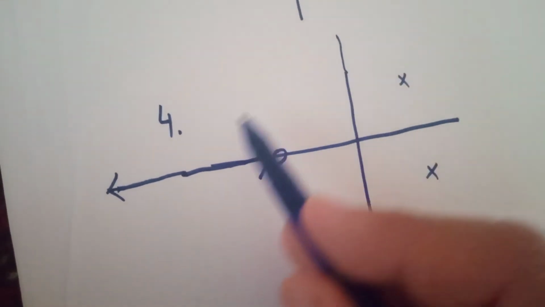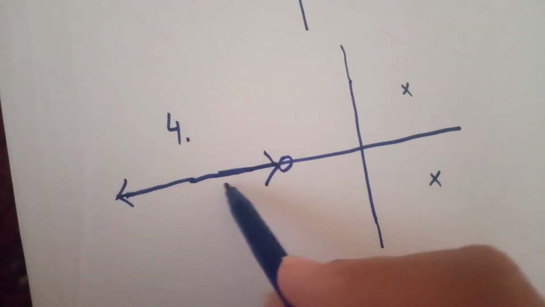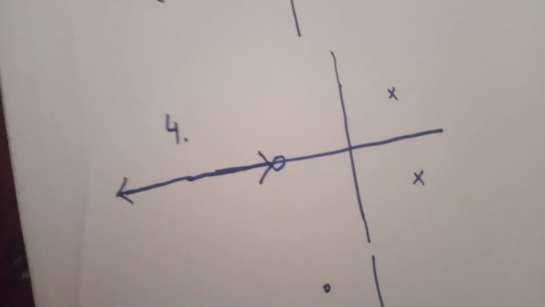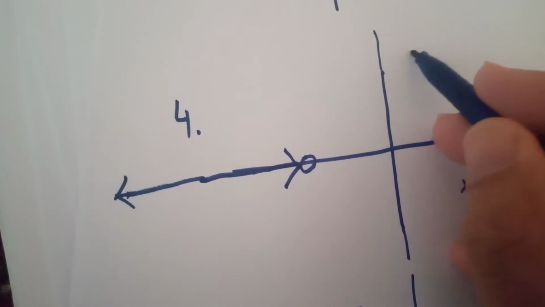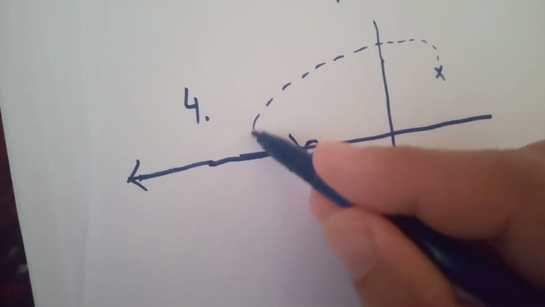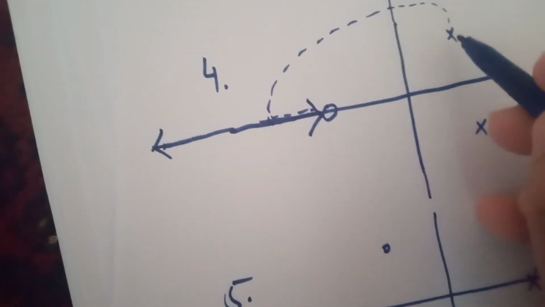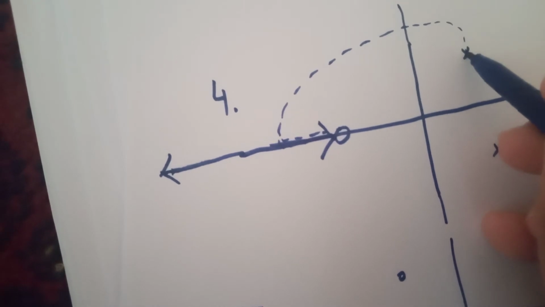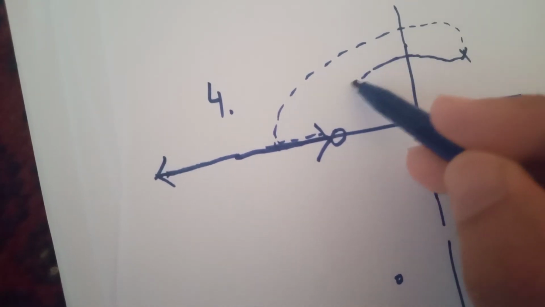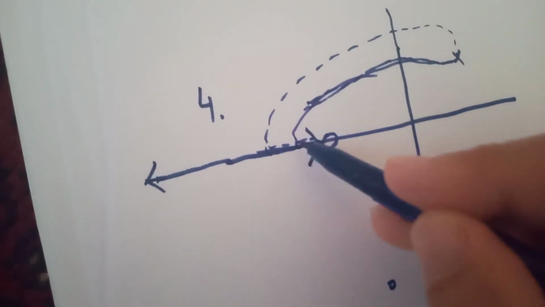When one comes here and finishes at this zero, the other will come here and go to infinity. Now the question is, there are some other information that we need. This pole can go in this direction and go to this one, or this pole can go in this direction and come here.